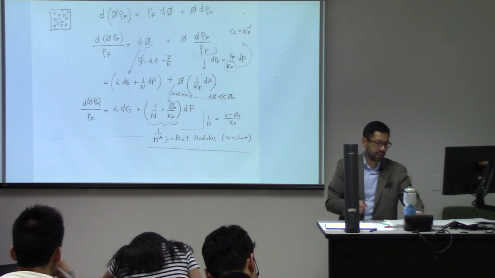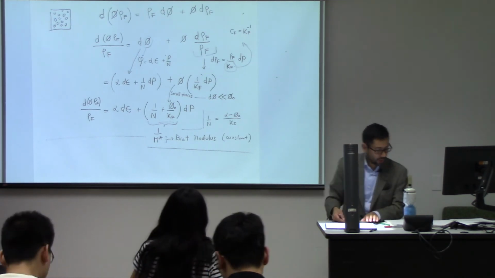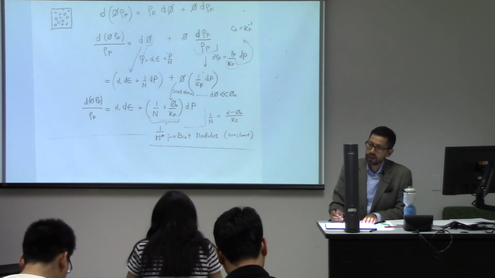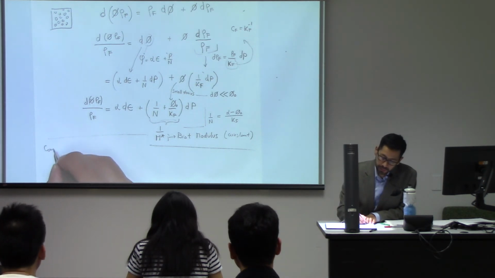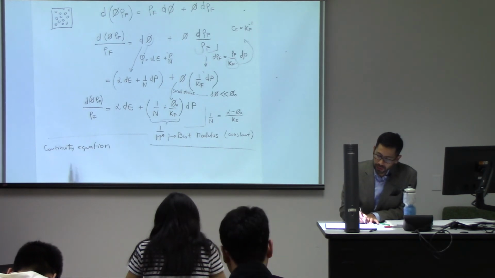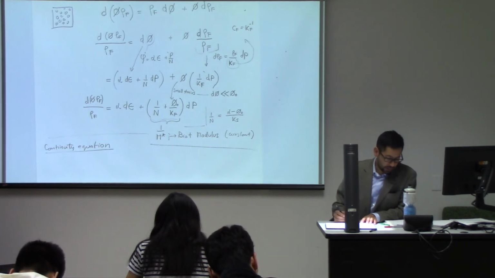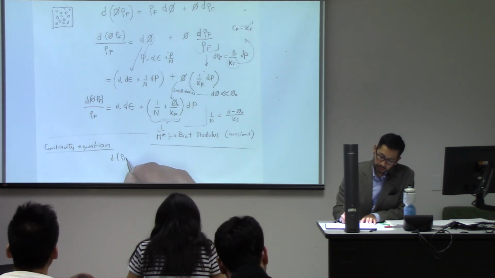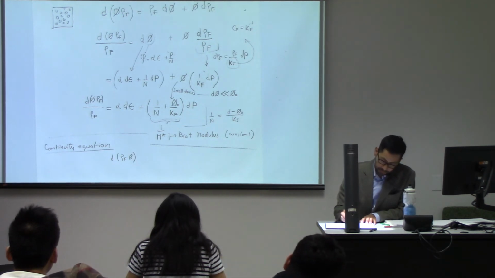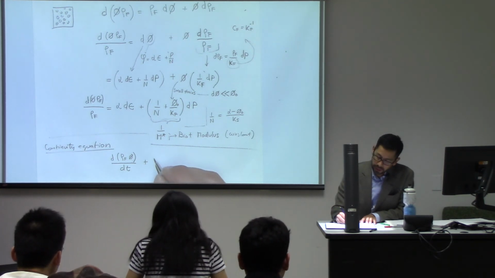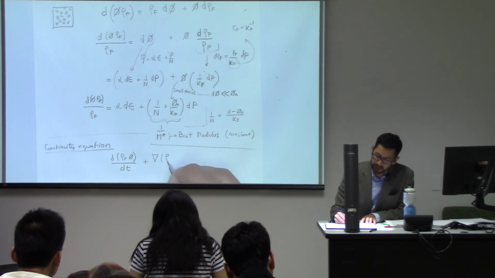Okay, let's see if we have time. I think we do. So we're going to couple now what we found here with the continuity equation. With the continuity equation with fluid flow, I know that the variation of fluid mass per unit volume as a function of time in a given representative elementary volume is going to depend on what gets in and out.